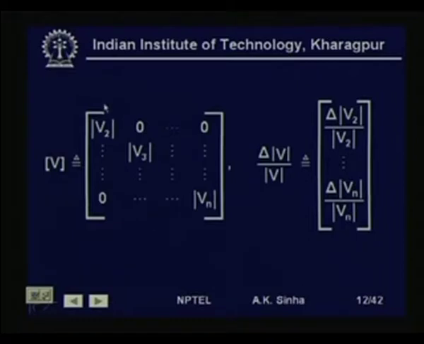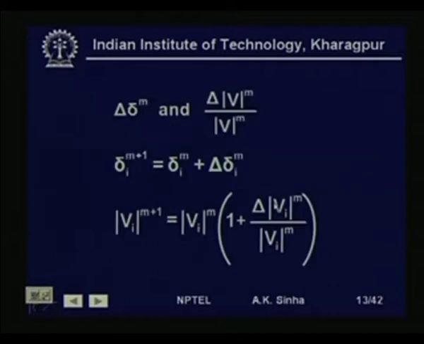Here we are assuming that bus 1 is our slack bus, that is what we had been using from the very beginning. So bus 1 is considered as slack bus. So V is V2, V3 up to Vn, and delta V by V is delta V2 by V2, and so on, delta Vn by Vn. So this is what we get.